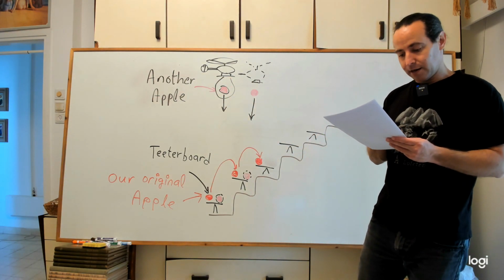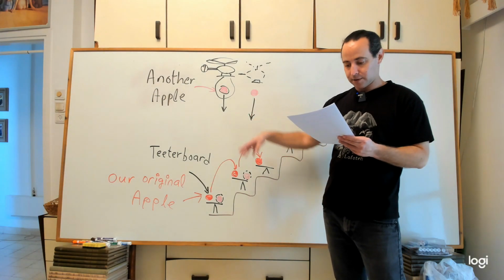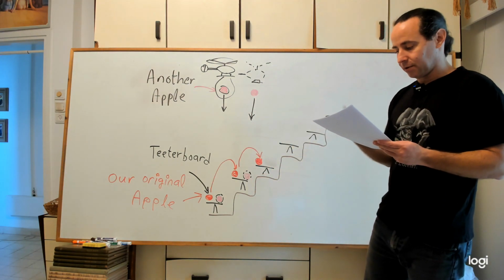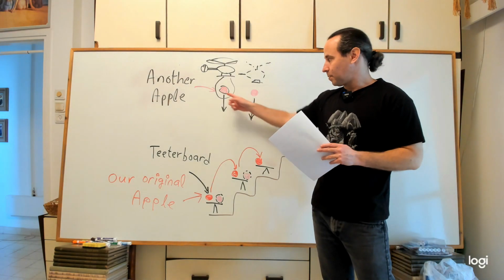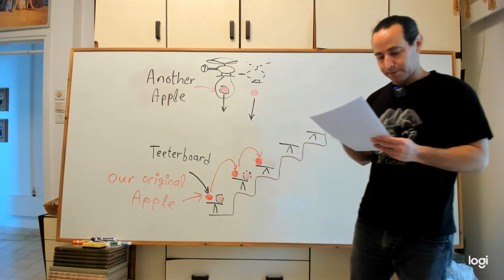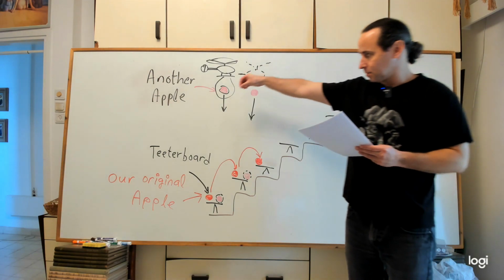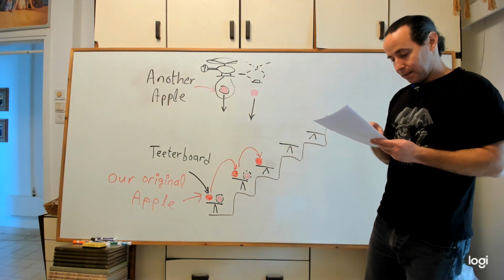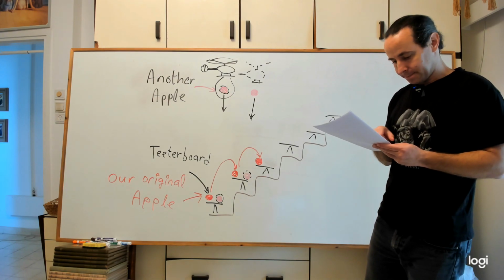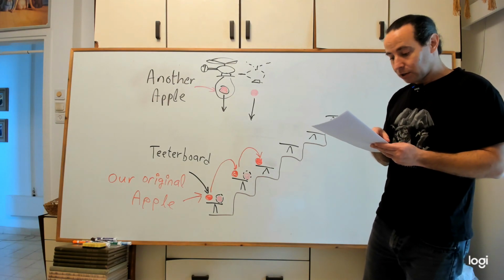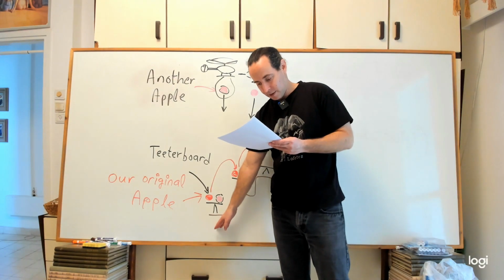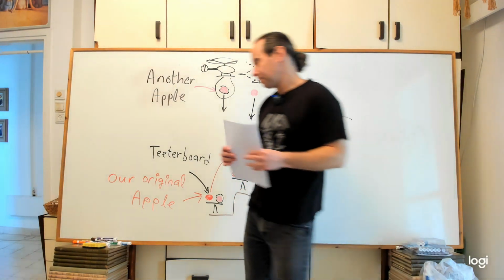And the helicopter drops down on the teeterboard once in every fixed time, let's say once every 1 second, a new apple. 1, 2, and so on. It drops, and it drops, and it drops. Okay, and our original apple starts at the height of the surface. Okay, this is the ground level.